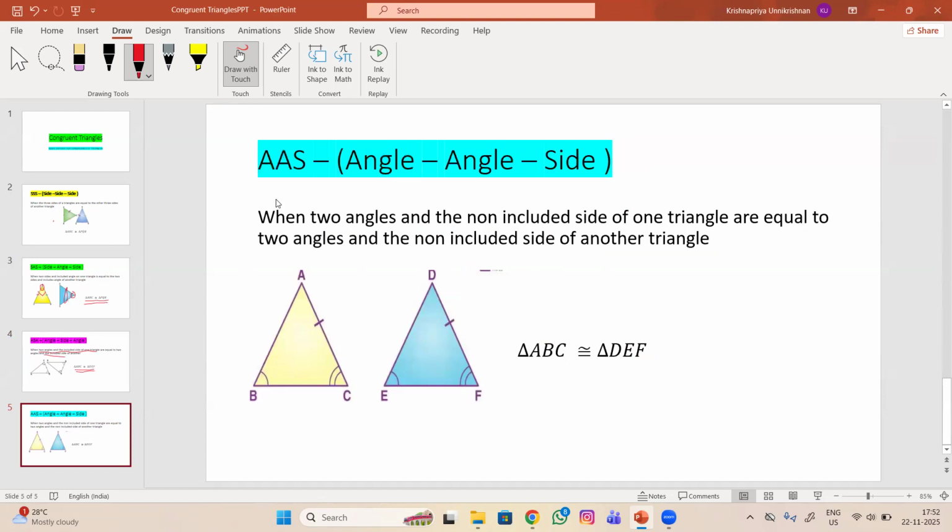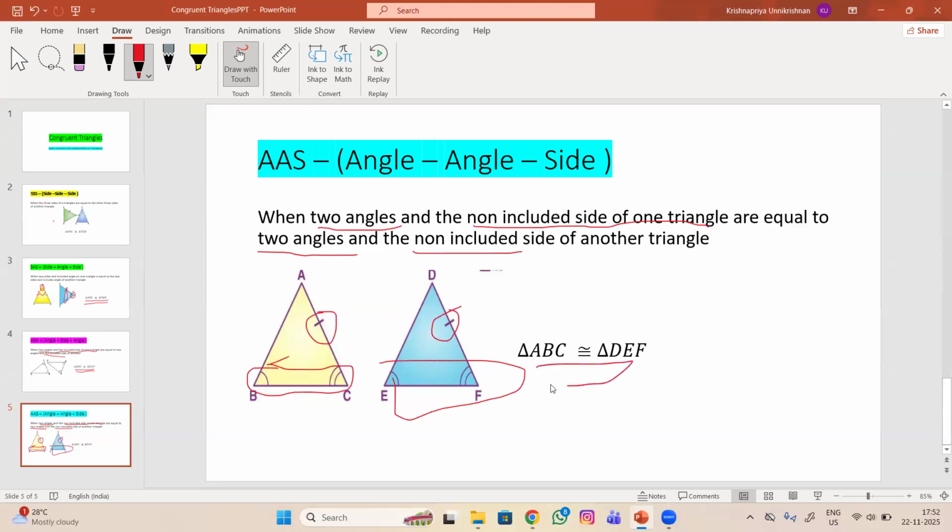The next criterion for proving the congruency of triangles is angle angle side. It means that two angles and a non-included side of one triangle are equal to two angles and a non-included side of another triangle.